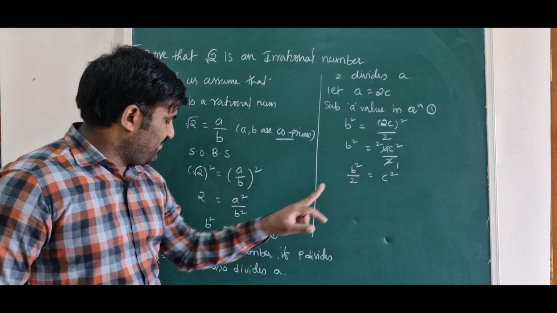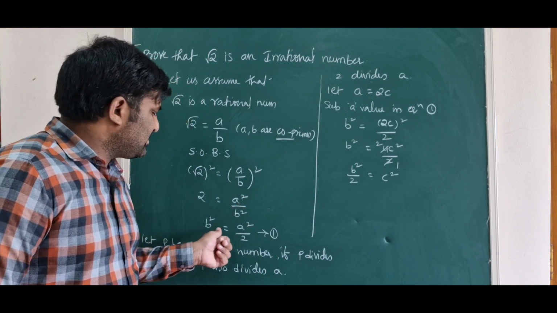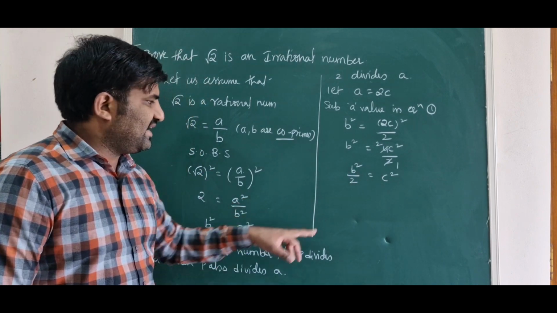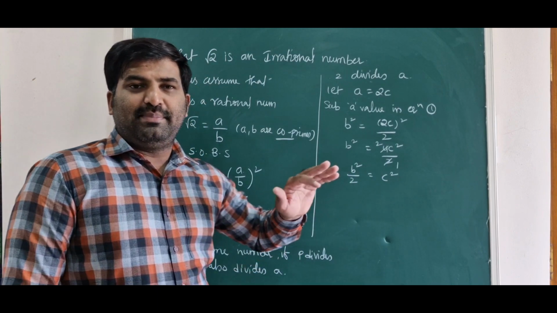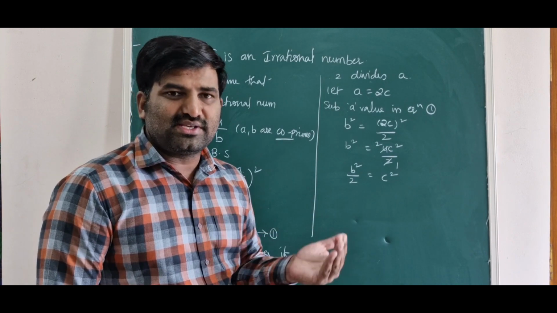If you observe this step and compare it with equation 1, here we have B square is equal to A square by 2, and here C square is equal to B square by 2. Can we say the same as this statement: let P be a prime number, P divides A square, then P divides A? That statement I am using once again.